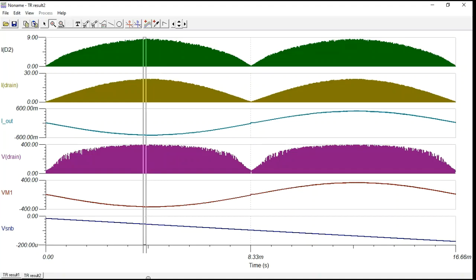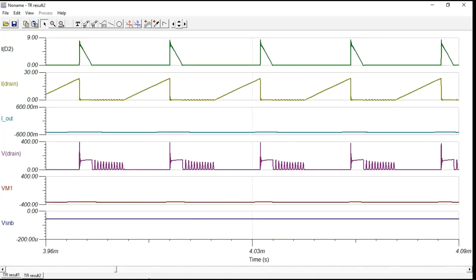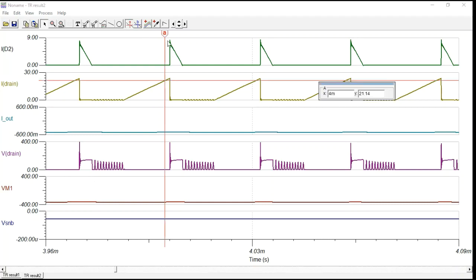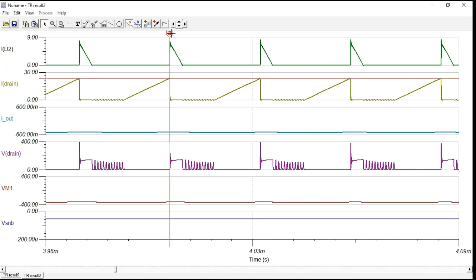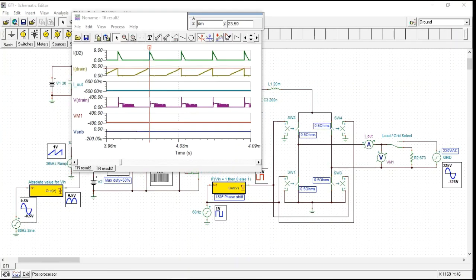So we'll do this, right? Now we can see what's going on in each of the domains here. Looking at the I drain, if I pull up a cursor here, I can see where it peaks out, and it's peaking out at 23.5 amps.